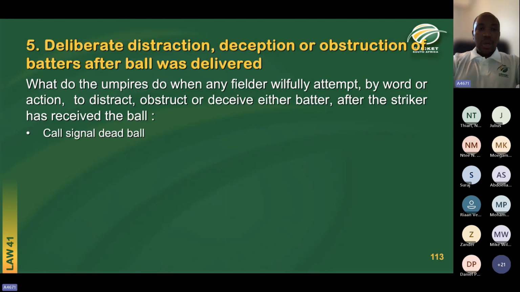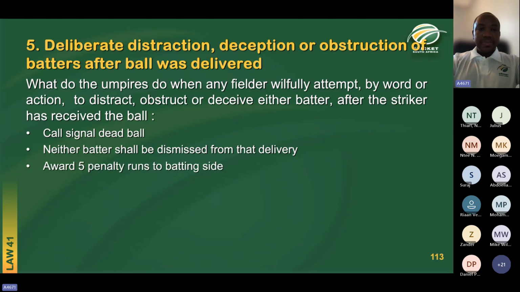Either umpire shall call and signal dead ball. Quite importantly, neither batter shall be dismissed from that delivery. We need to award 5 penalty runs to the batting side. The ball shall not count as one for the over. Earlier in the course, Pradyot from Dallas asked, how do we know when a dead ball that has been delivered should not count as one for the over?